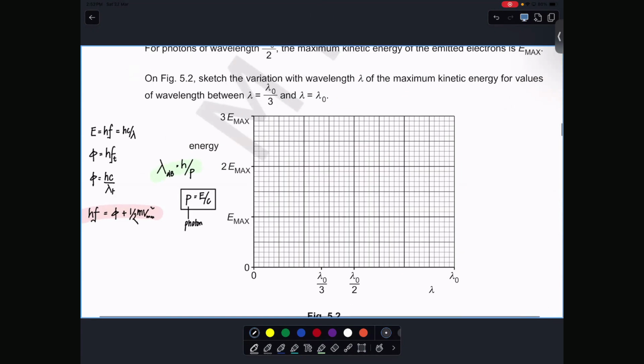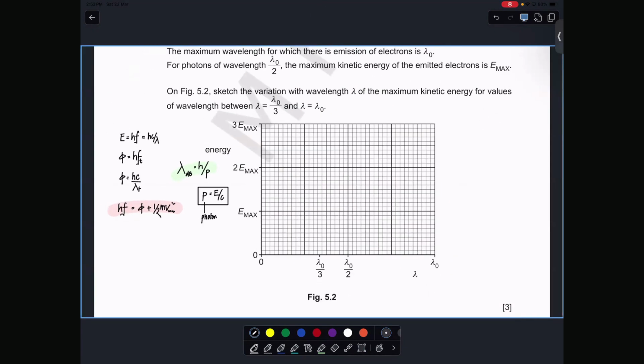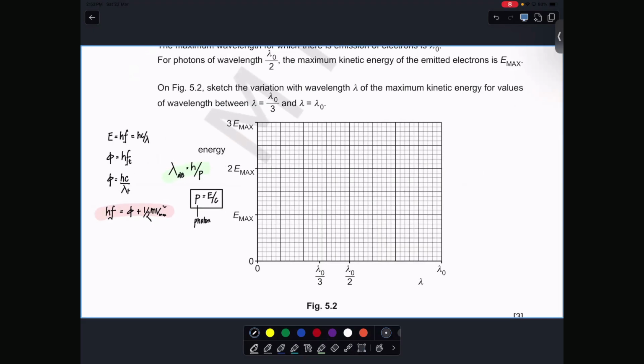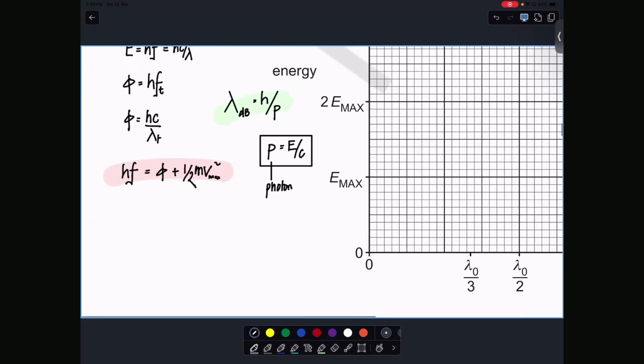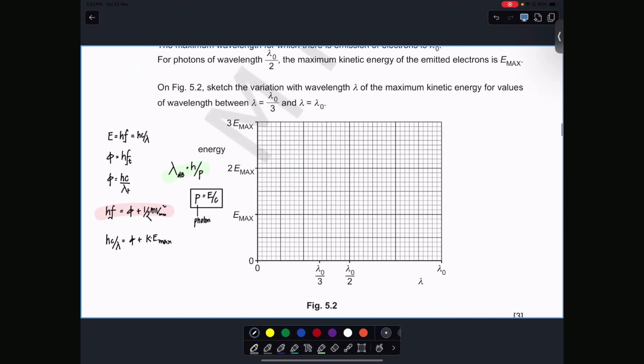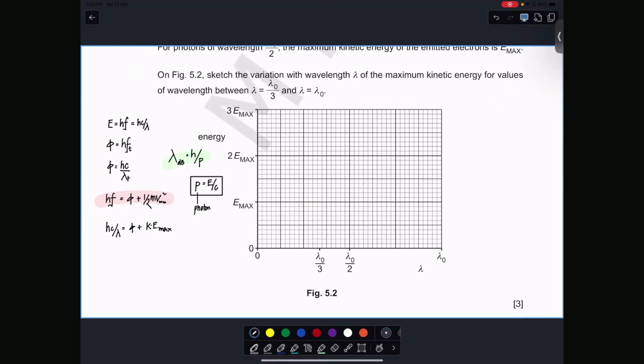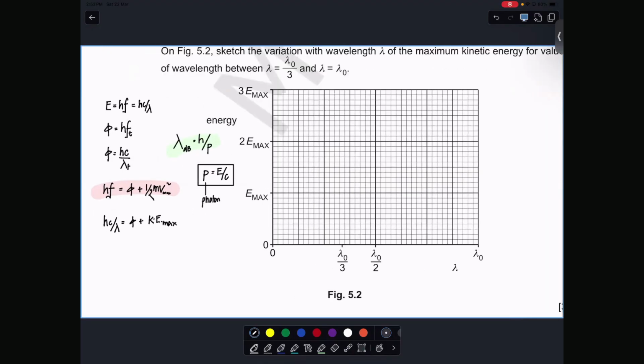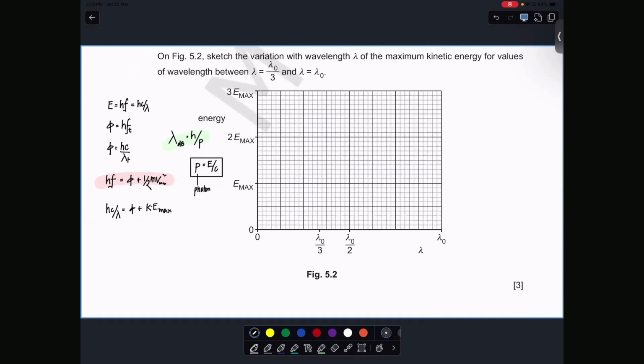এখন এখানে কি করতে বলছে? Sketch the variation of lambda of the maximum KE available. So এখানে যদি আমরা এটাকে রিপ্লেস করি hc by lambda, হ্যাঁ বলো। E, energy of the photon, half K max. আমাদের হচ্ছে রেখে y equals to mx plus c দিয়ে কনভার্ট করলে বেটার হতো, বাট এখানে ওরা ল্যামডা দিচ্ছে অন দি x axis, রাইট?